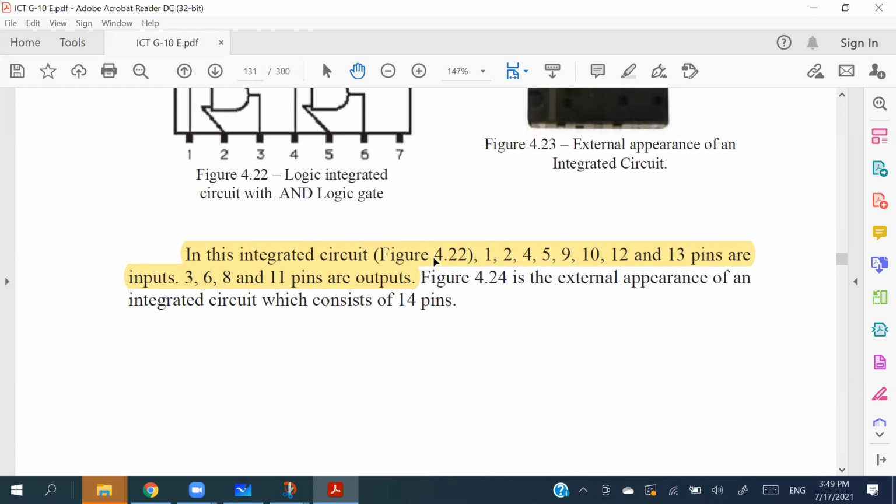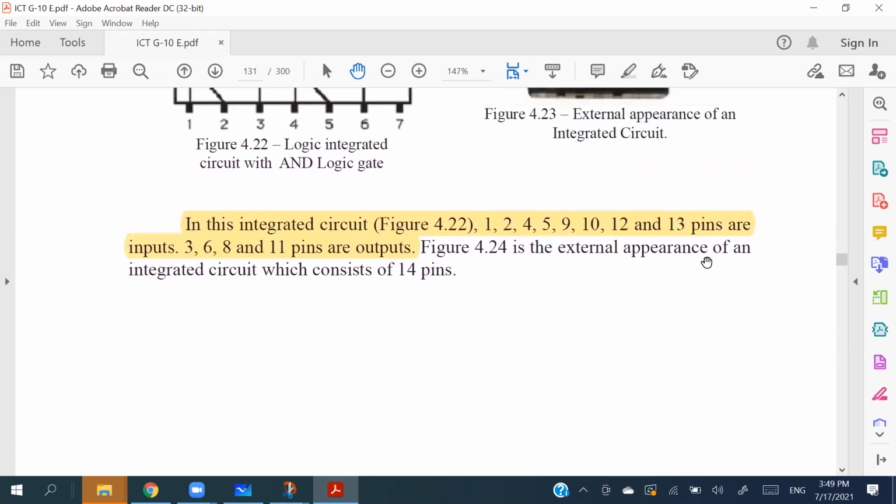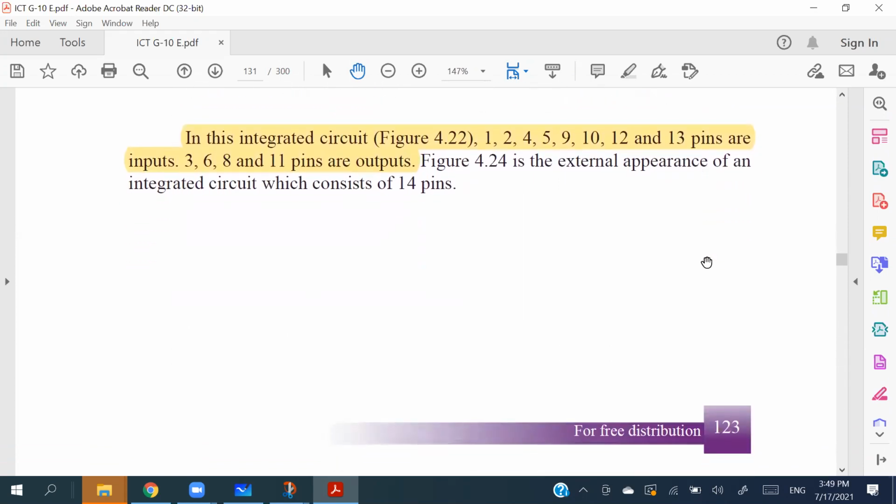You don't need to say figure 4.22 in the integrated circuits. It works like this. So please draw the diagram at home, people. Don't forget that.